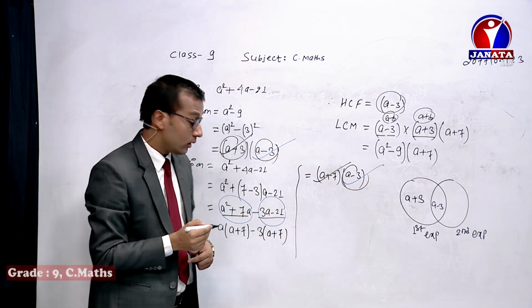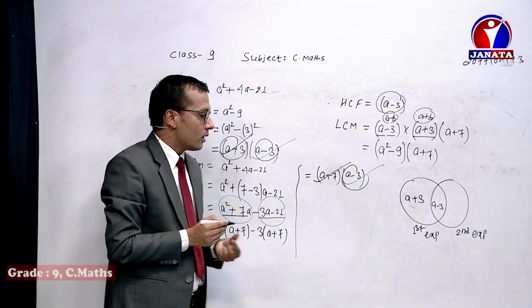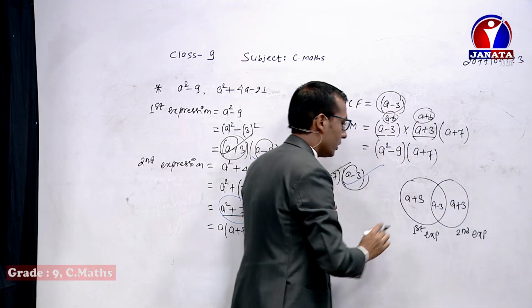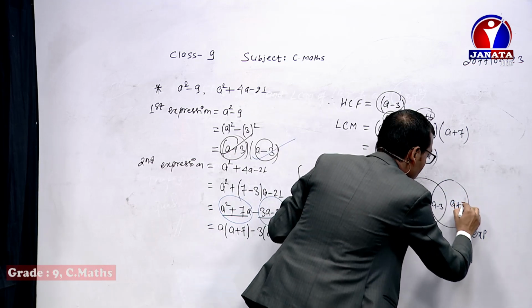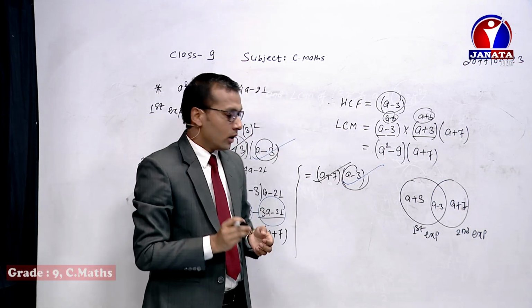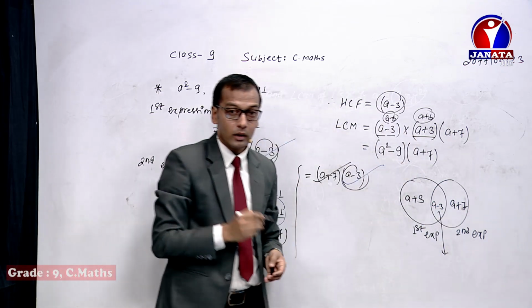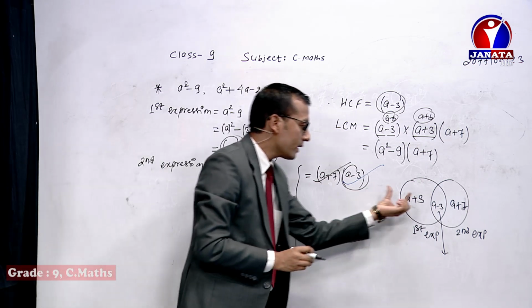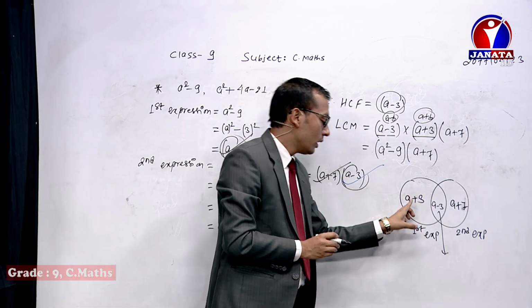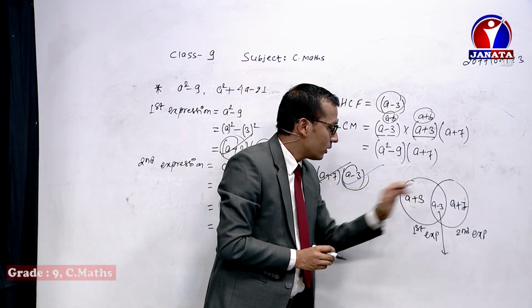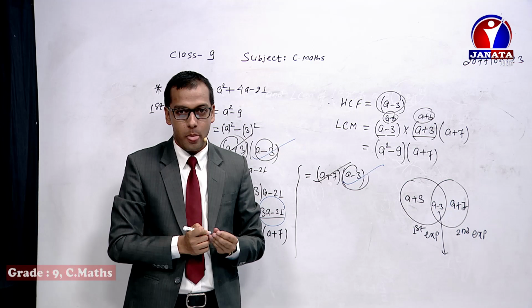And what are the factors remaining in the second expression? a plus 7. Sorry, it's a plus 7. So this is the HCF. The common intersecting region gives the HCF, and the LCM is the product of all the factors, a plus 3 times a minus 3 and a plus 7.